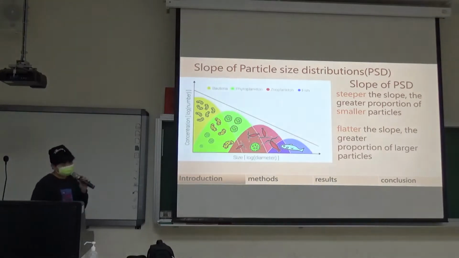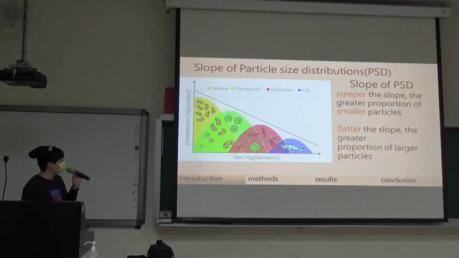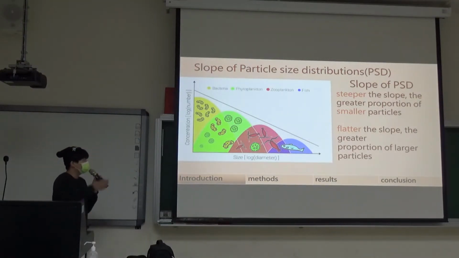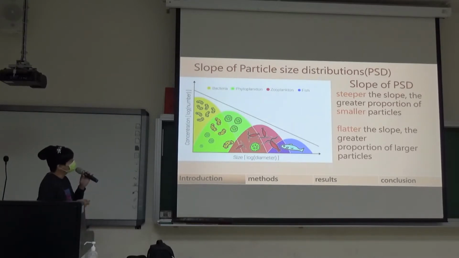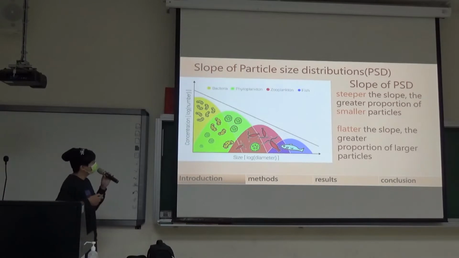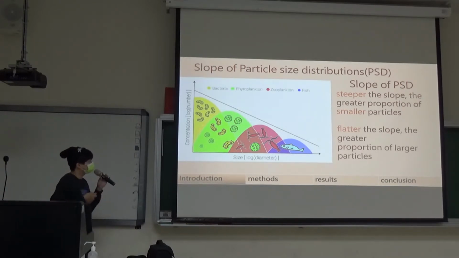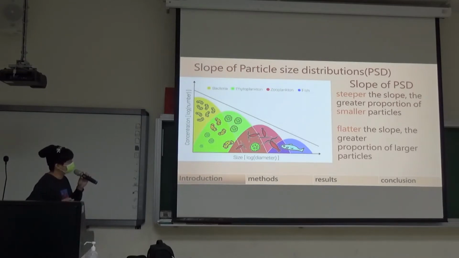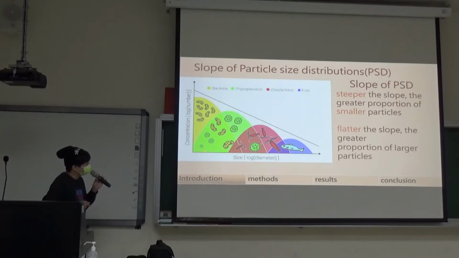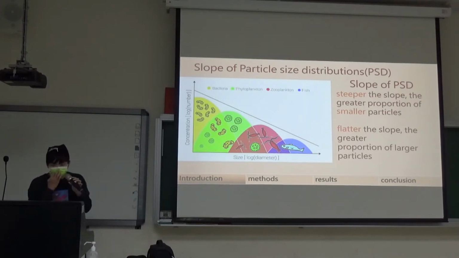In this picture, the y-axis is the concentration of particles, and the x-axis is the size. You can see that species like bacteria and phytoplankton, when you have a large number of them in the environment, give a high concentration. When the size gets bigger, the concentration gets lower. This line is the slope of the PSD.